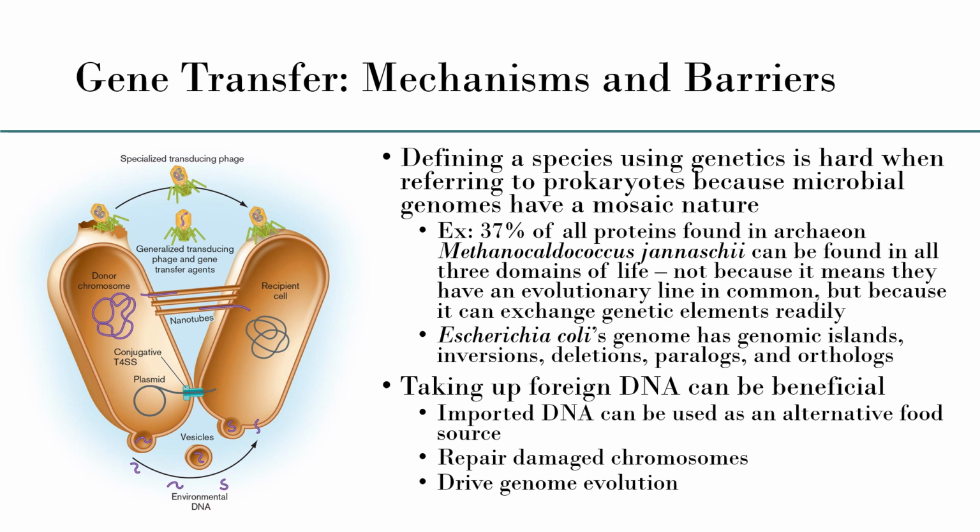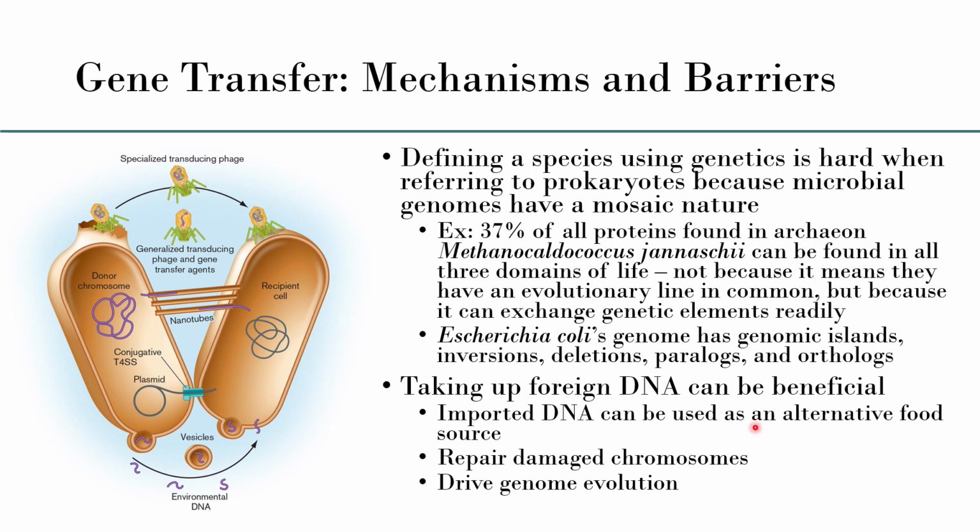And so we will see genes in some species that originated in completely different species or even completely different domains of life. So even if we are using DNA sequencing, there's a lot of mess when it comes to identifying bacteria and archaea.